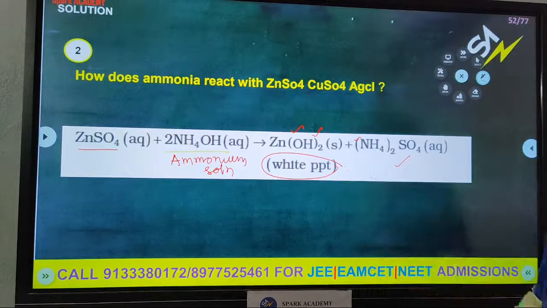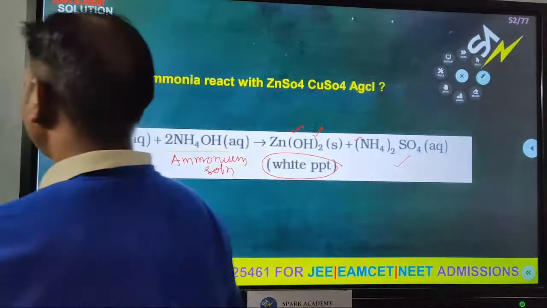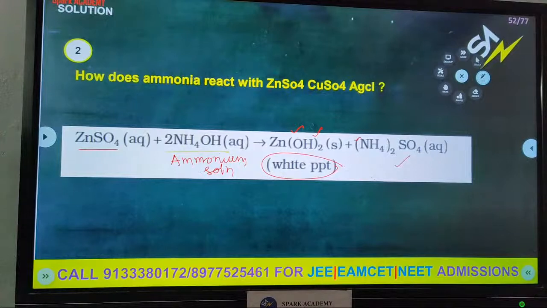What is the formula of this white precipitate? Zn(OH)2. Along with it, one more byproduct forms, that is ammonium sulfate.